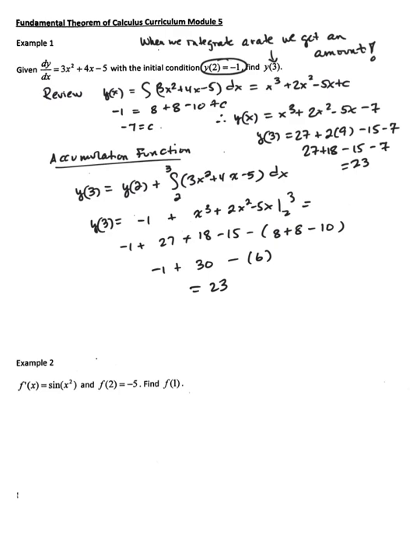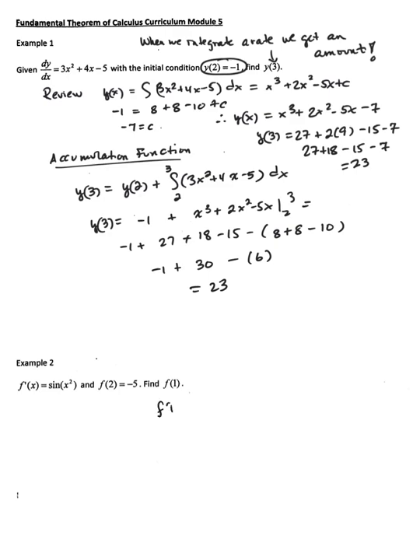Okay, example 2, we're going to be using a calculator for, so pause the video and go get out your calculator. Okay, so to find f of 1, I have to think backwards here. So to find f of 1, I would have to take off the amount that accumulates.